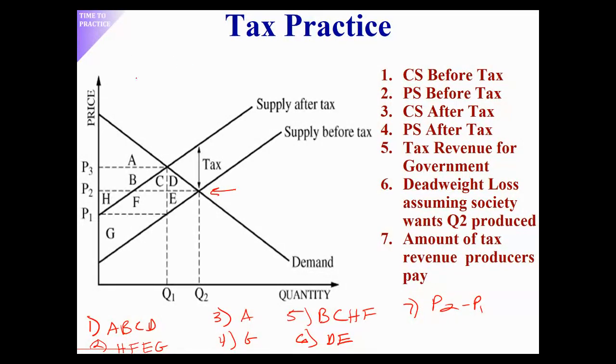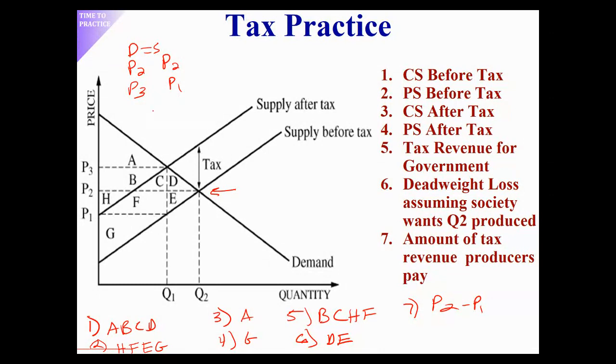Now, if we go right up here, remember when demand equals supply, that was at P2. So P2 is what consumers were paying, and P2 is what suppliers were receiving. After taxes, the consumer on the demand curve is paying P3 and the producers are receiving P1.